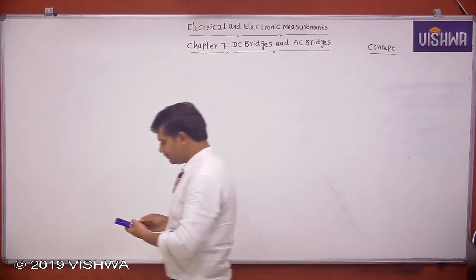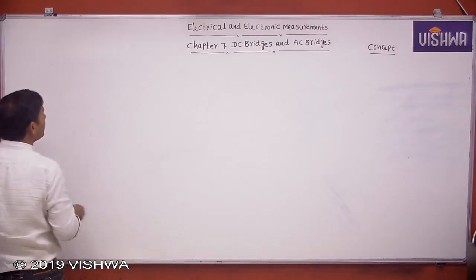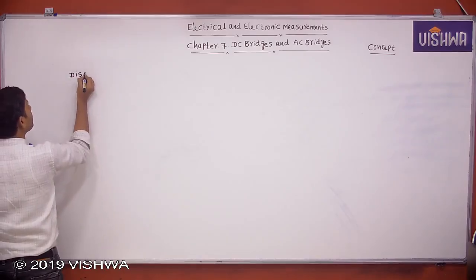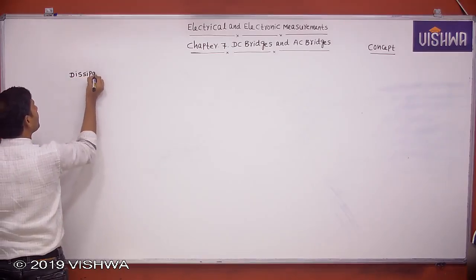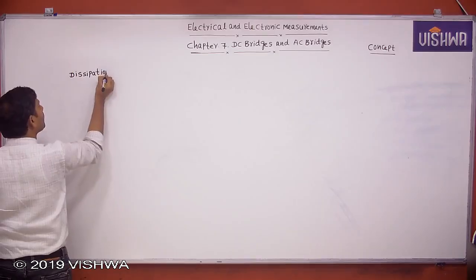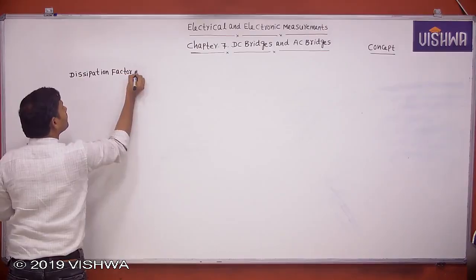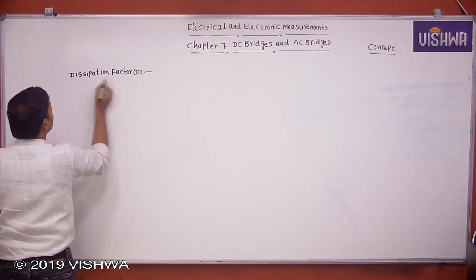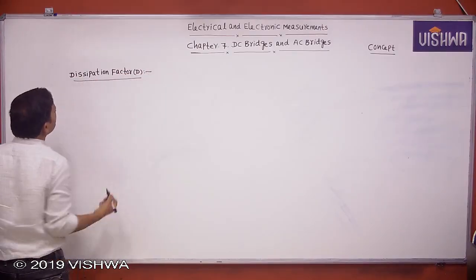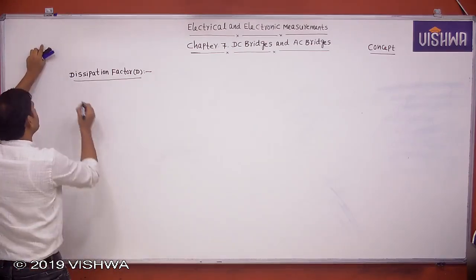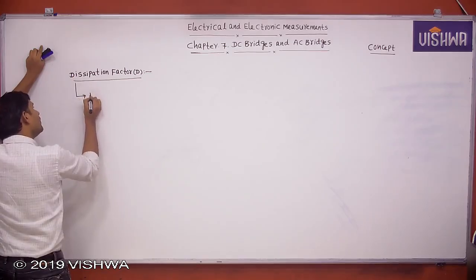Dissipation factor, D, indicates the quality of a capacitor, or it measures the quality of a capacitor.